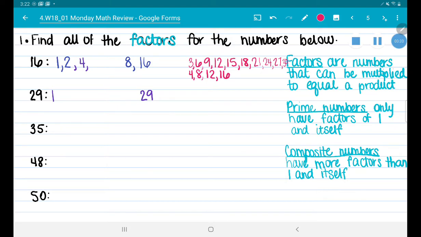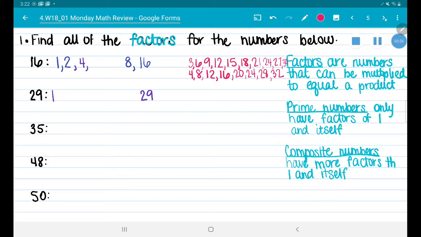So 29 does not have a factor of 3. If I extend my list of 4s, I've got 4, 8, 12, 16. Next would be 20, 24, 28, then 32. So 4 is not a factor of 29.